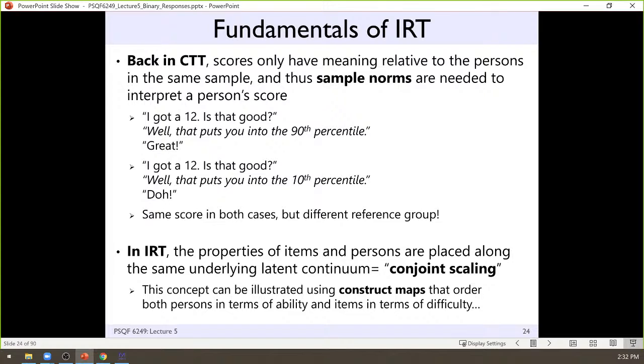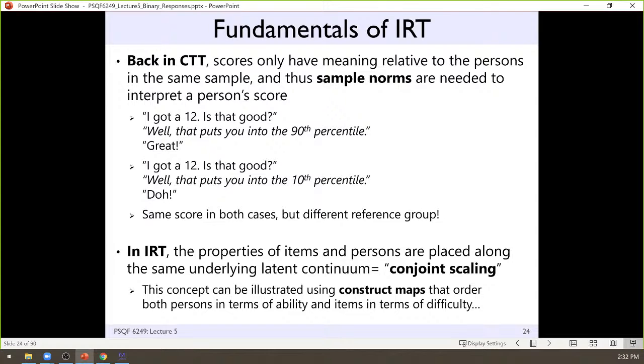Because he sounds excited, maybe 12 is good, but I'd have to ask some more questions to understand what 12 means. And if he told me, Mommy, I'm in the 90th percentile, because 5-year-olds tend to say those things, I'd say, great, buddy, thanks for helping me understand what the hell a 12 is. But if a 12 put him into the 10th percentile, then 12 is not good.